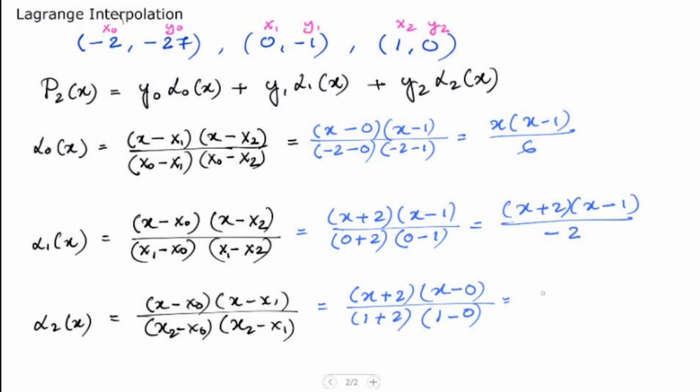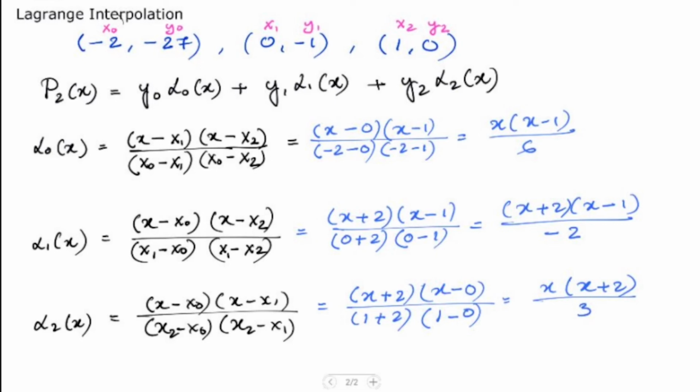So we get x times x plus 2, divided by 3 times 1, which is 3.